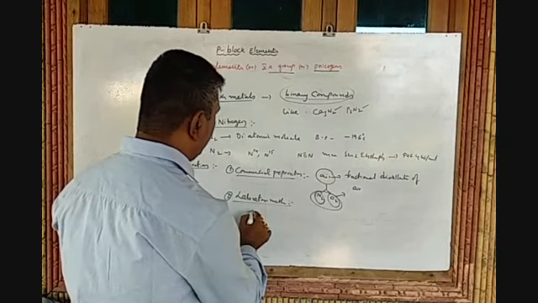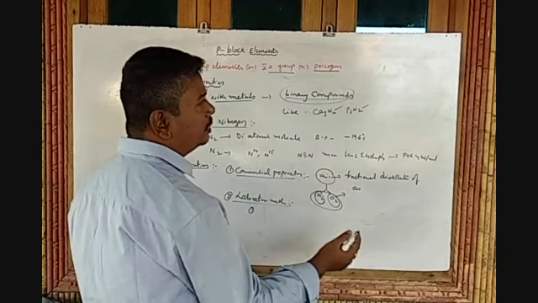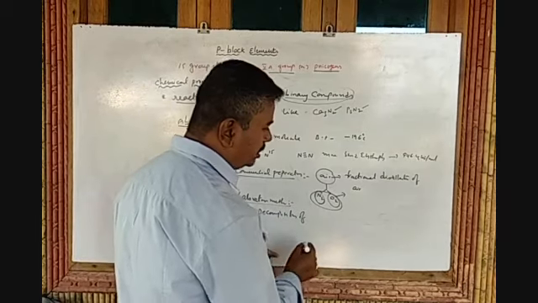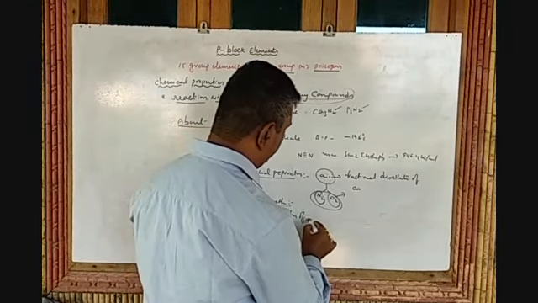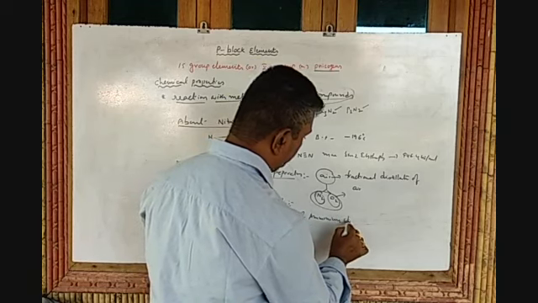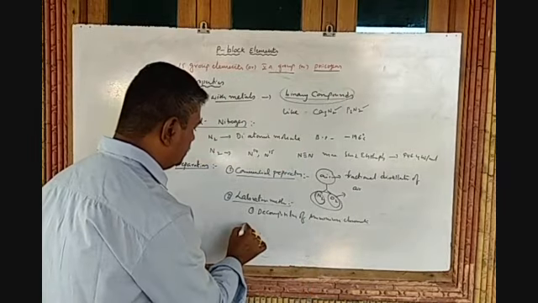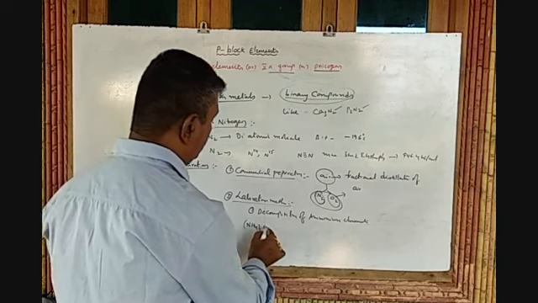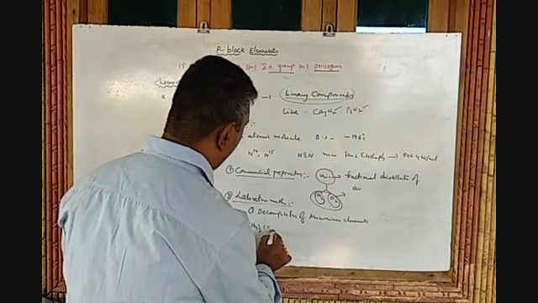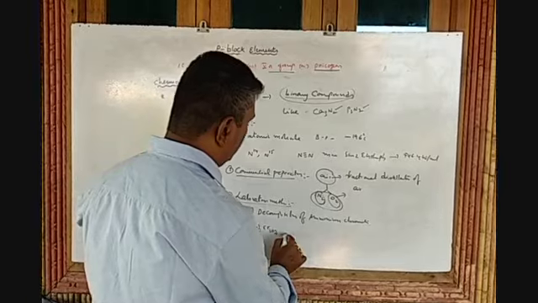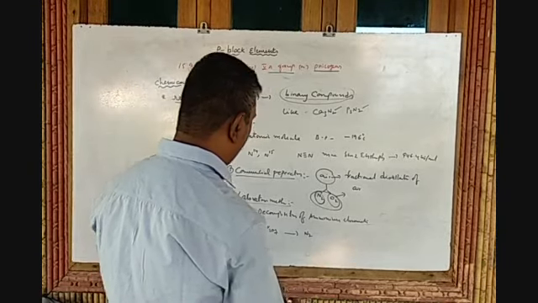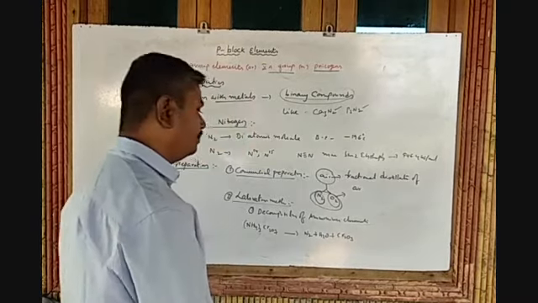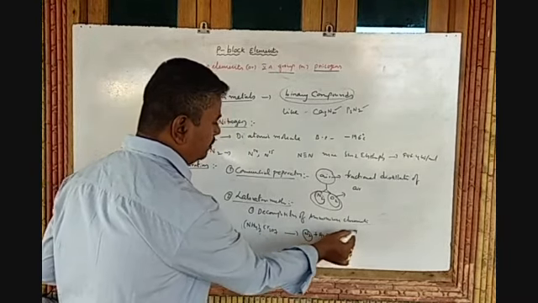One is decomposition of ammonium chromate, (NH4)2Cr2O7. It decomposes to give nitrogen plus H2O plus Cr2O3, by thermal decomposition of ammonium chromate.